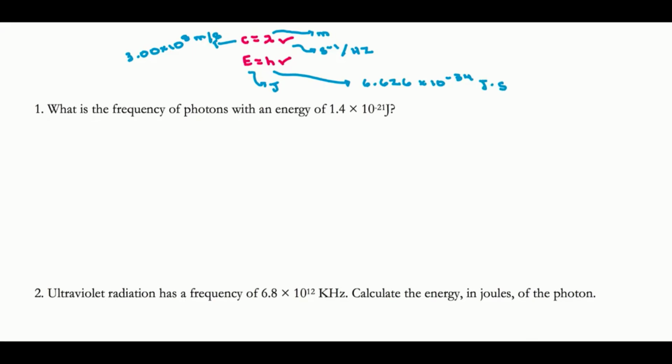So here it says, what is the frequency of photons with an energy of 1.4 times 10 to the -21st joules? So I know my energy, it is given to me, and I'm trying to find my frequency. So I'm just going to plug it in. Planck's constant is 6.626 times 10 to the -34th, and I'm trying to solve for my frequency.